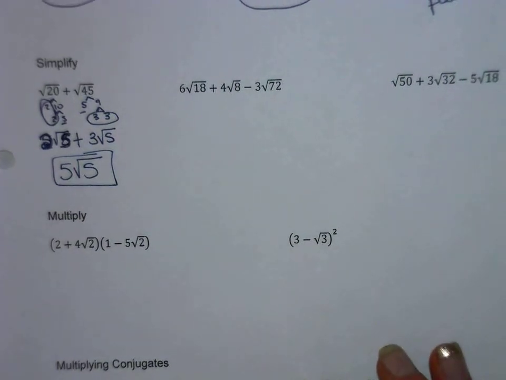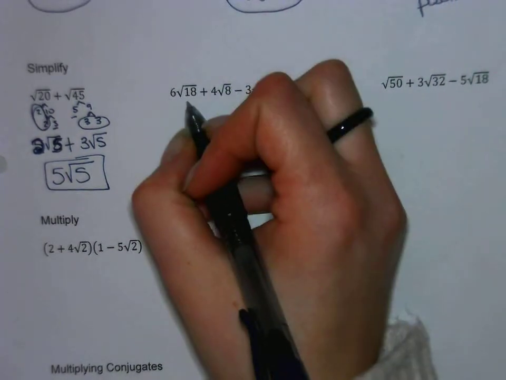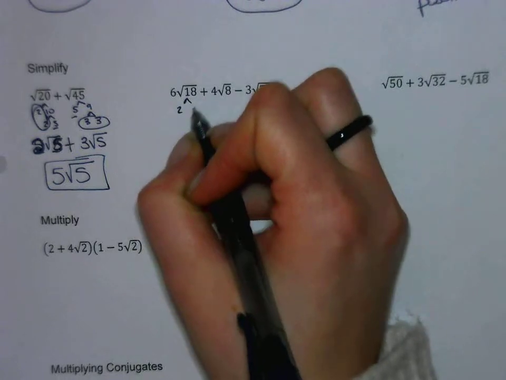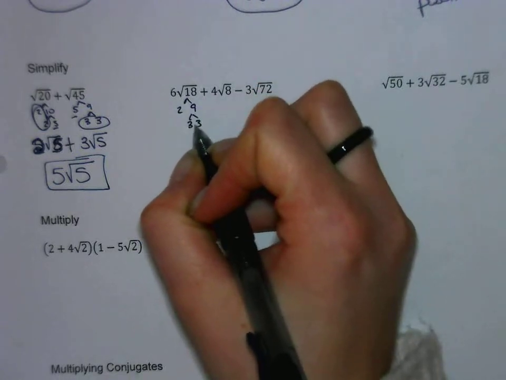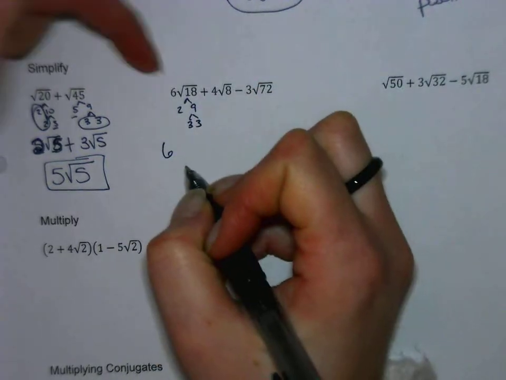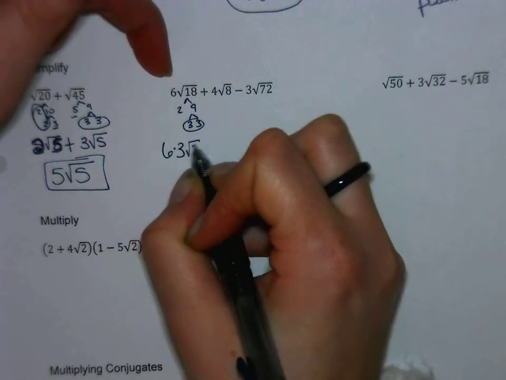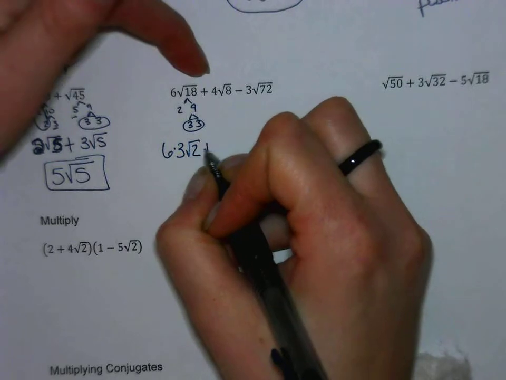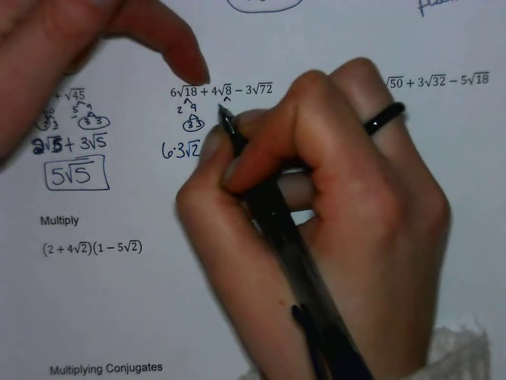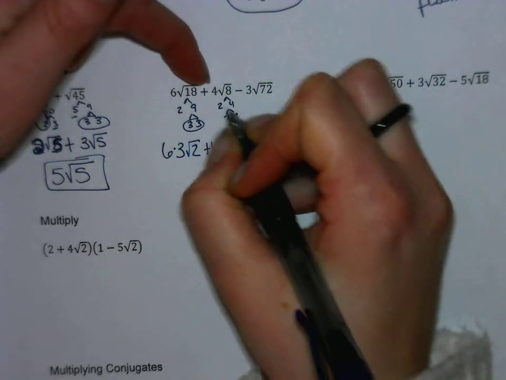Let's take a look at the next one. We have 18 is 2 and 9, 3 and 3. So we have our original 6 times our 3 square roots of 2, plus our original 4 and then our 8 turns into 2 and 4, 2 and 2.